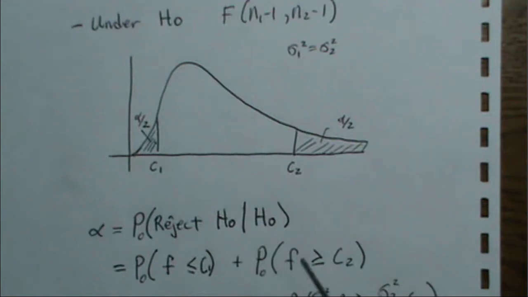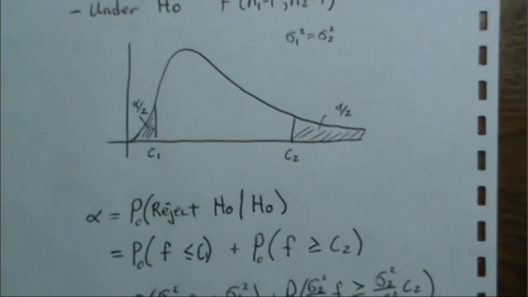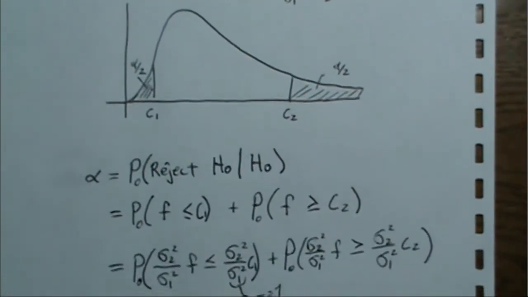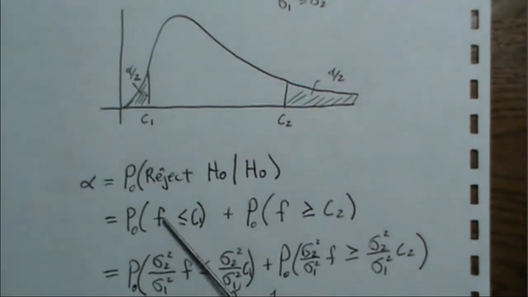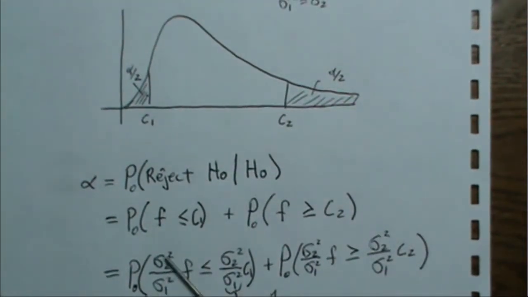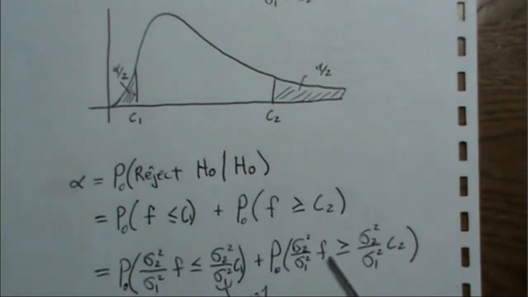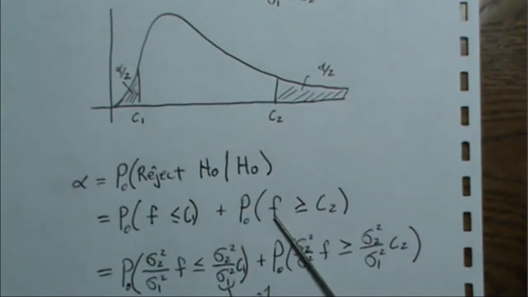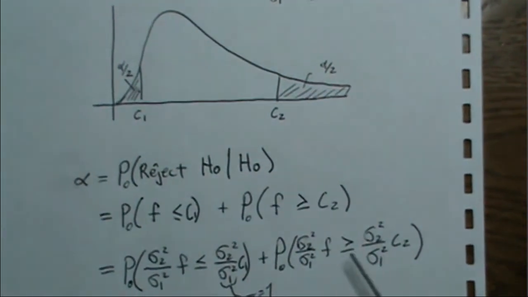Well, to calculate these probabilities, you have to transform it to some distribution that is known. Well, you don't have to, but that makes it easy. So if we take our test statistic and multiply it by the population variances, then this becomes an F distribution. And so the probability that F is greater than some constant C2 is equivalent to this.